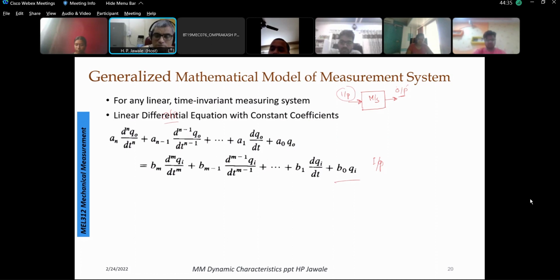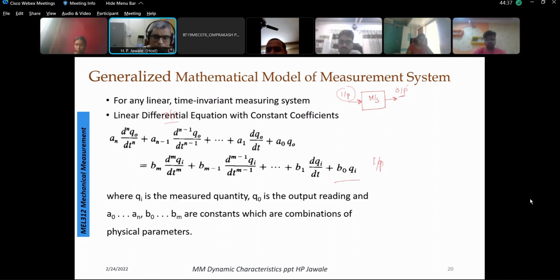Qi is the measured entity, the input quantity, Q is the output quantity, and the constants A and B are combinations of the physical parameters. Once we form the linear differential equation with constant coefficients, we will be able to represent the system in the form of a mathematical model. That's our first step.